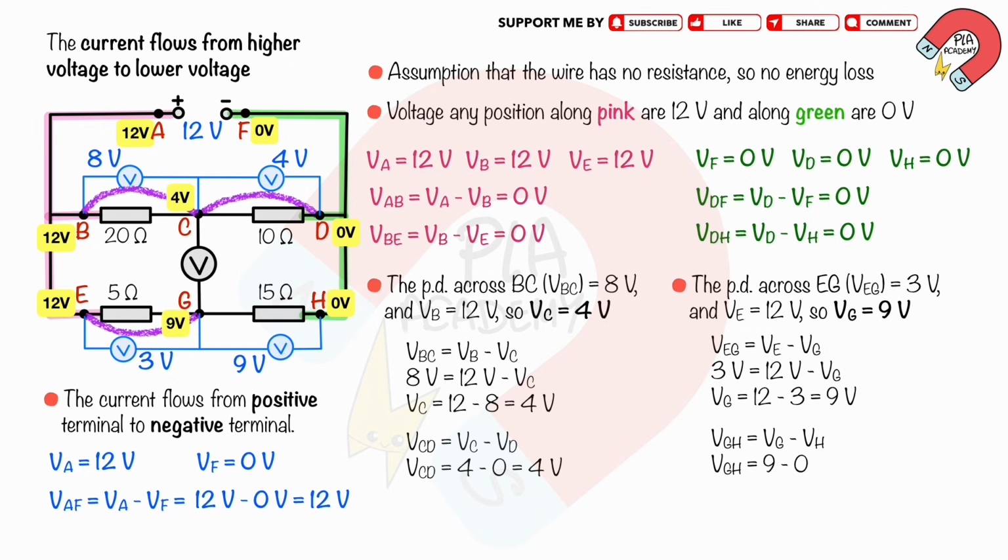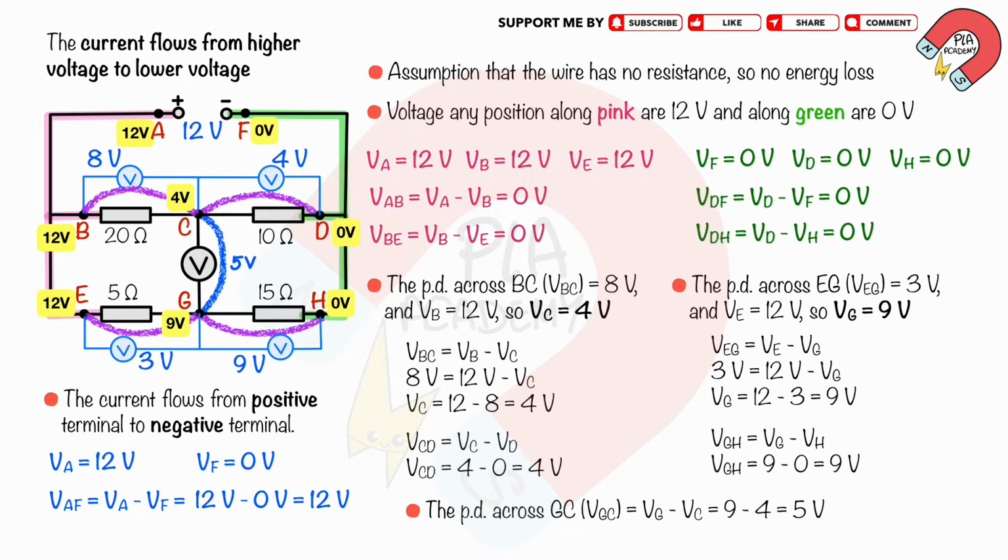The PD across GH equals the voltage at point G minus the voltage at point H, which is 9 minus 0, equal to 9 volts. The PD across GC equals the voltage at point G minus the voltage at point C, which is 9 minus 4, equal to 5 volts.